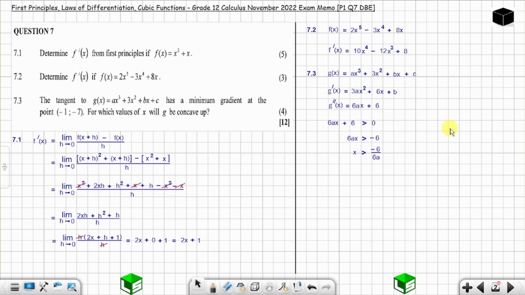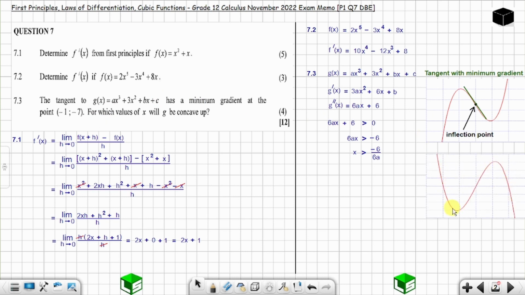For example, let's say you have this cubic function and you have a point of inflection. A tangent that is touching this cubic function at the point of inflection, like this, will have a minimum gradient, because it is a line which is decreasing. And for example, let's say you also have this cubic function with a point of inflection.